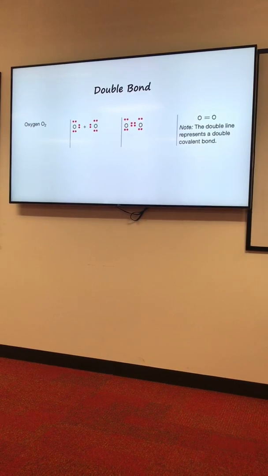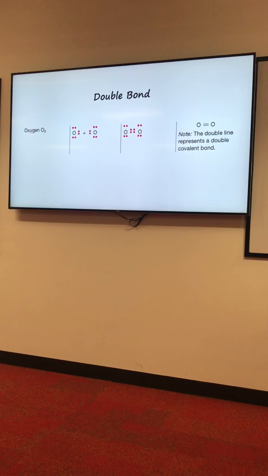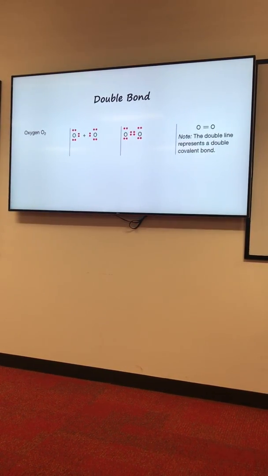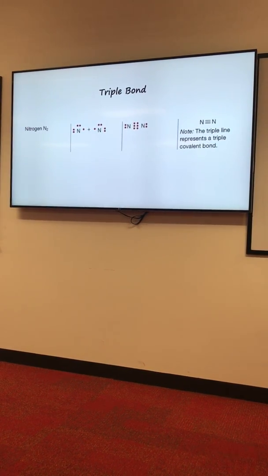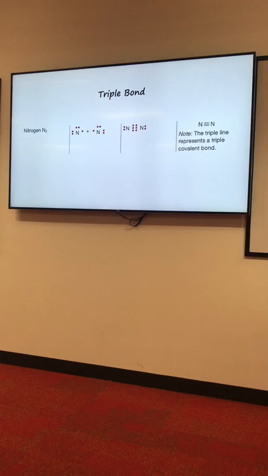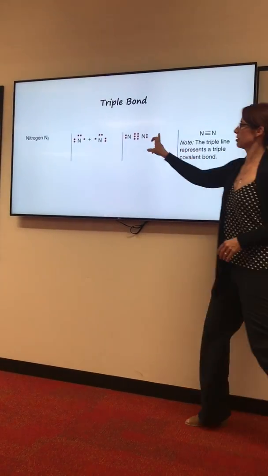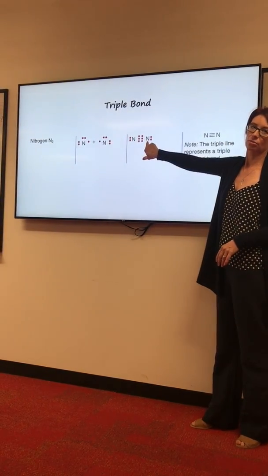So you can see oxygen has 6 electrons in the outer shell, so it needs to share 2 from the other one. And we represent that with a double bond or 2 lines. And nitrogen has 5 electrons in the outer shell, so it needs to share 3. You can see how in the Lewis diagram for the bond, we move around our electrons according to which ones are shared.